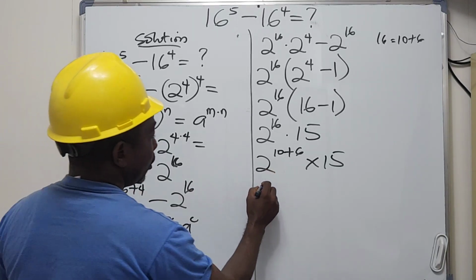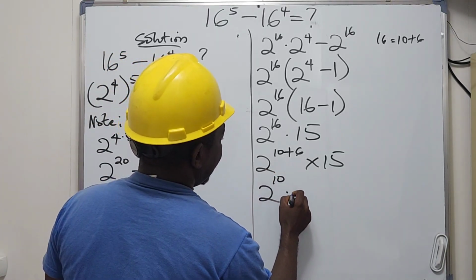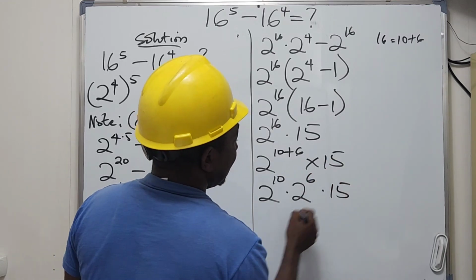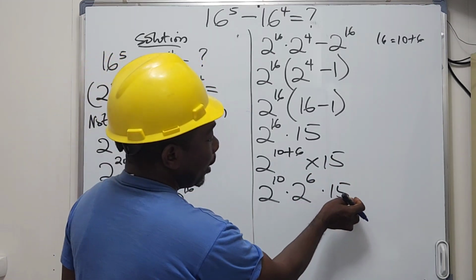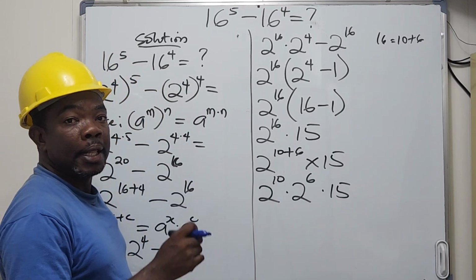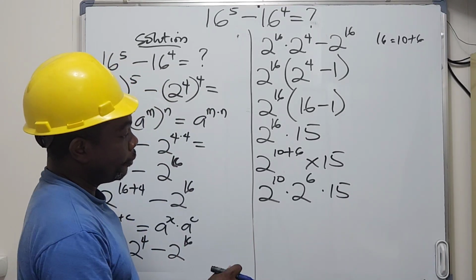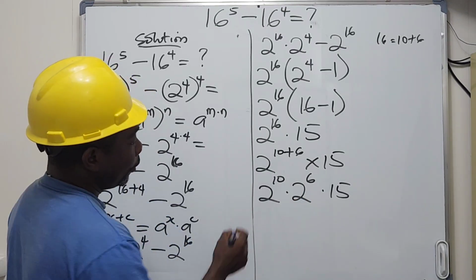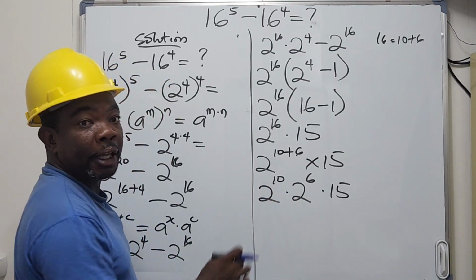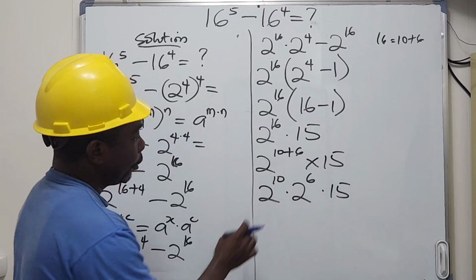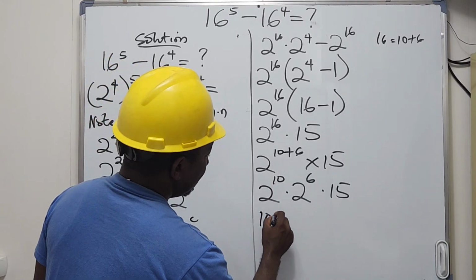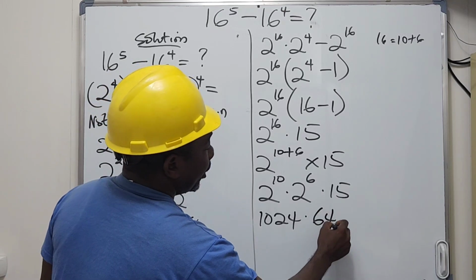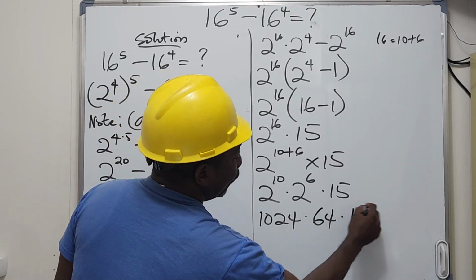So this will give us 2 to the power of 10 times 2 to the power of 6, and we multiply by 15. But before we do that, 2 to the power of 6 is 64, and 2 to the power of 10 is 1024. So this will become 1024 times 64, then we have times 15.